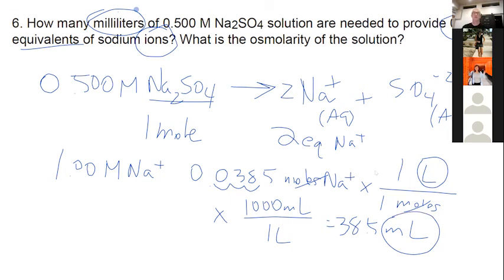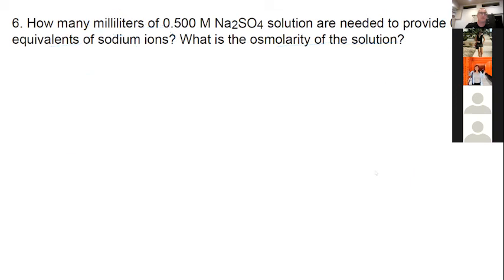Now the second question is, what's the osmolarity of the solution? So what does that mean? What am I talking about? Osmolarity. We just learned that in this particular chapter.